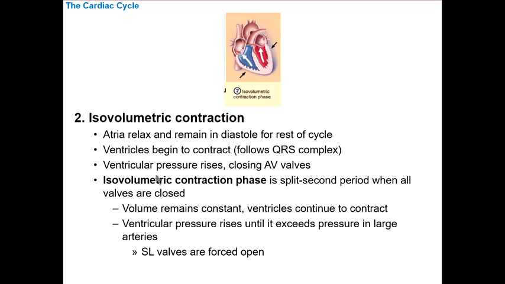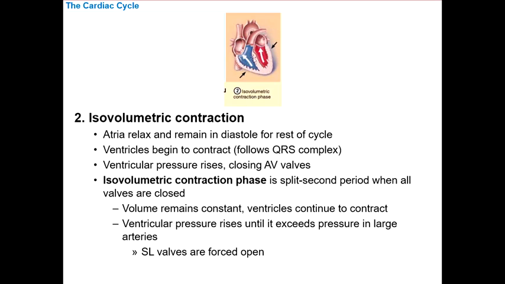They're forced shut by the ventricles contracting. So for that split second in time, when all valves are closed and the ventricles are contracting, increasing the pressure inside these ventricles, we call that small moment in time isovolumetric contraction.